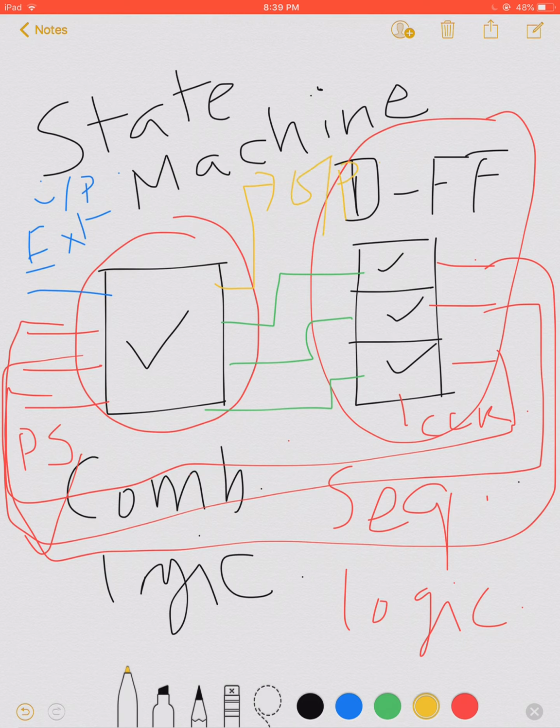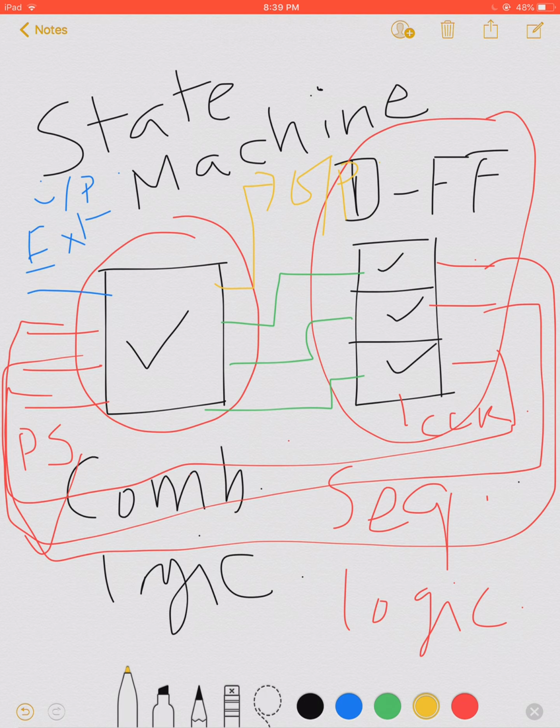But we have seen that this external input and output are basically optional, right? You may have some state machine which doesn't have any external input or external output.